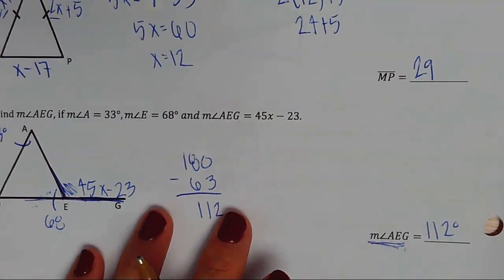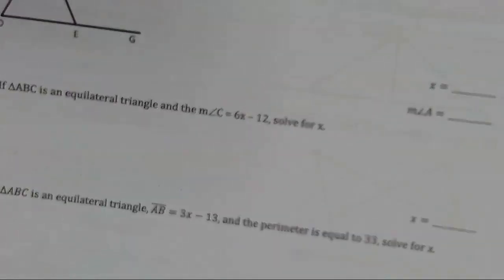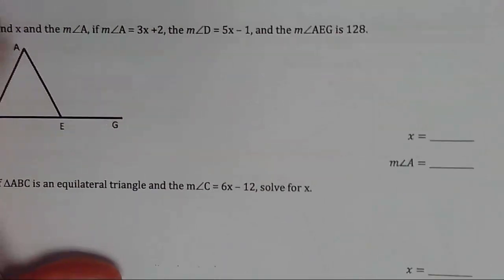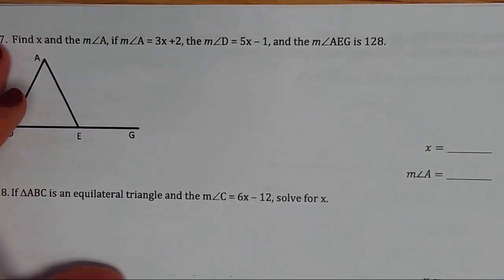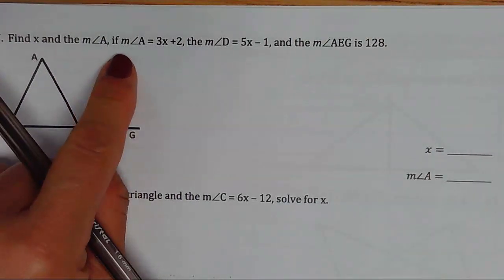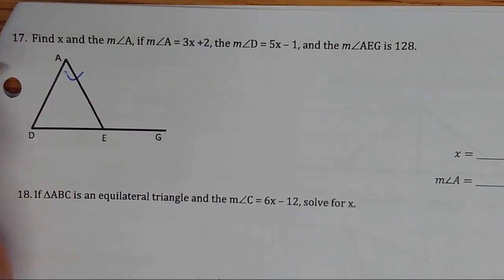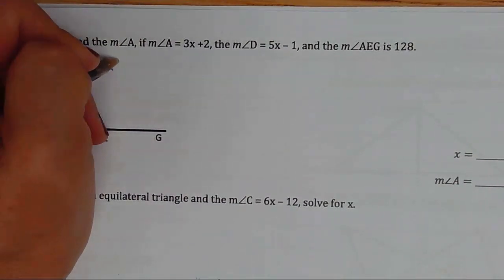Now we are going to flip the page, and we're going to find the measure of x and the measure of angle A. So angle A, this time, it's going to be a little bit more challenging. Is 3x plus 2.